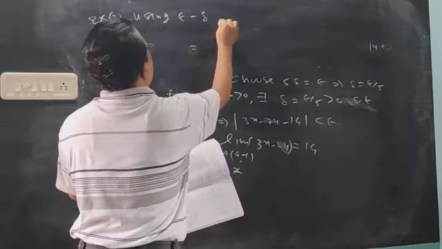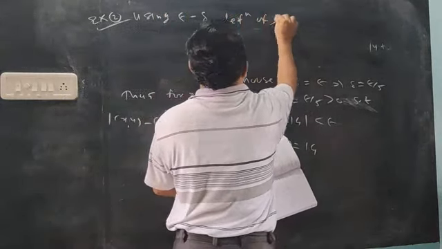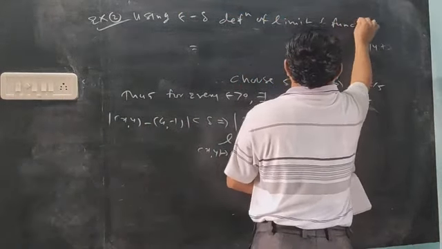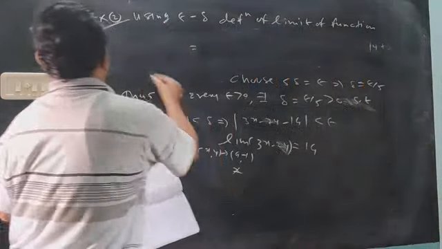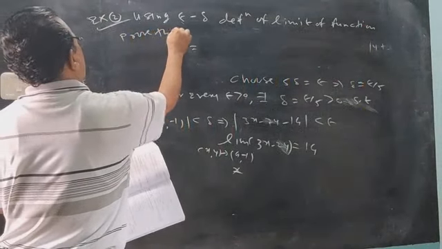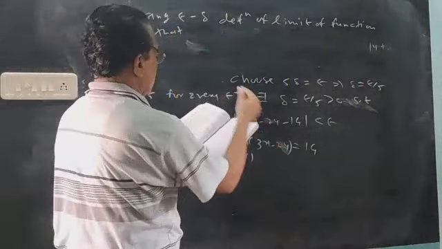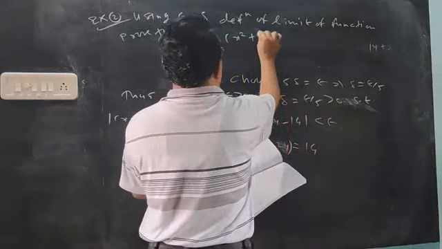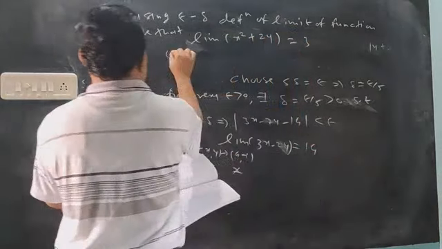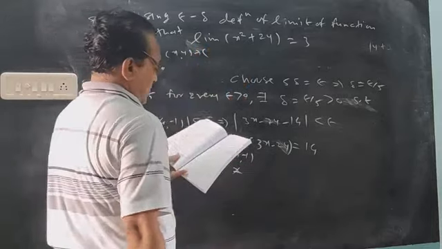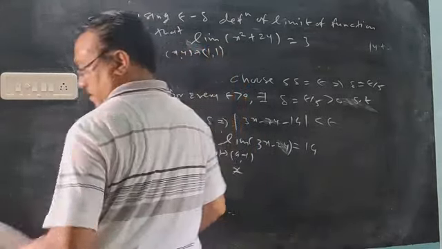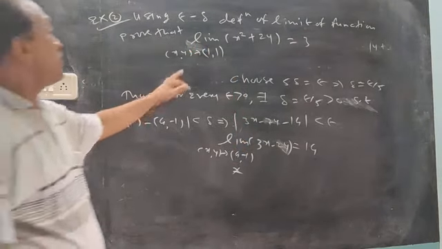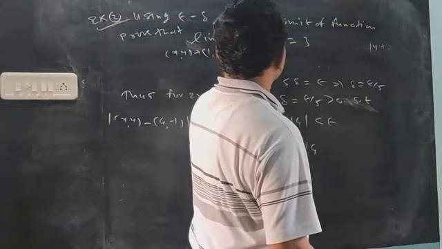Using the epsilon delta definition of limit of the function, prove that the limit of the function x square plus 2y is 3 as (x, y) tends to (1, 1). Of course, at x equals 1, y equals 1, we get 1 square plus 2 times 1, which is 3.